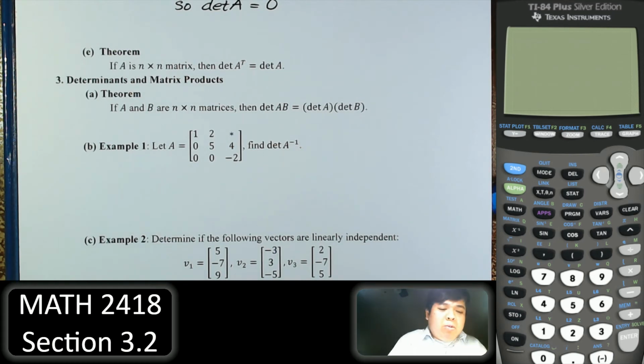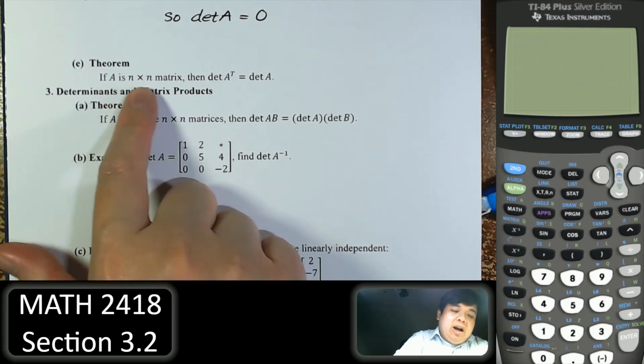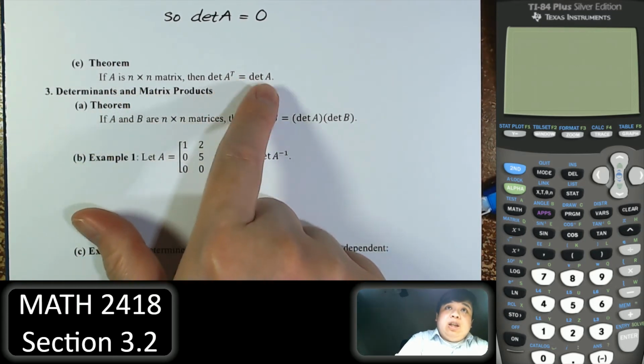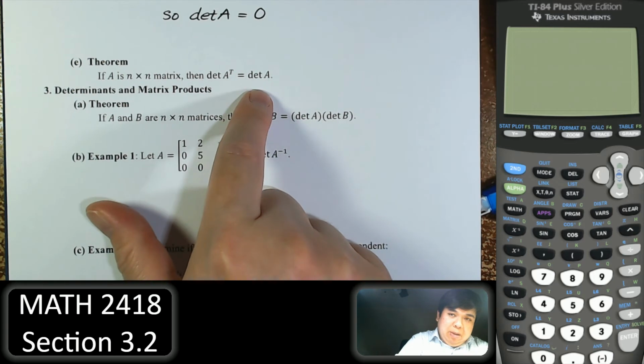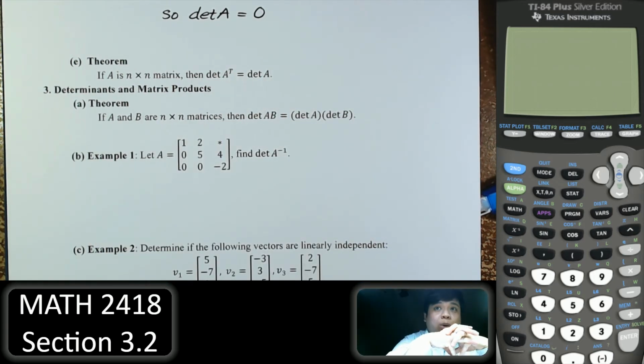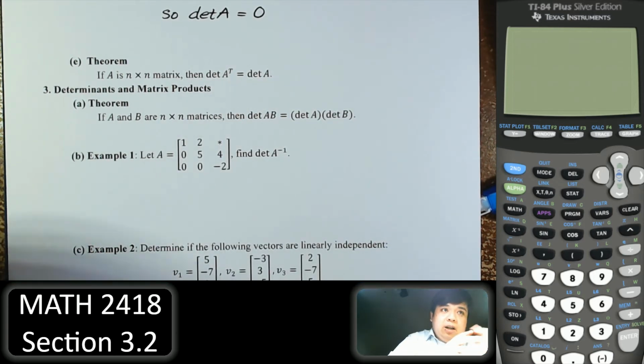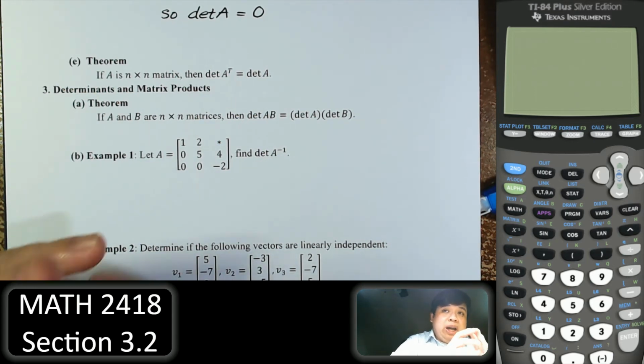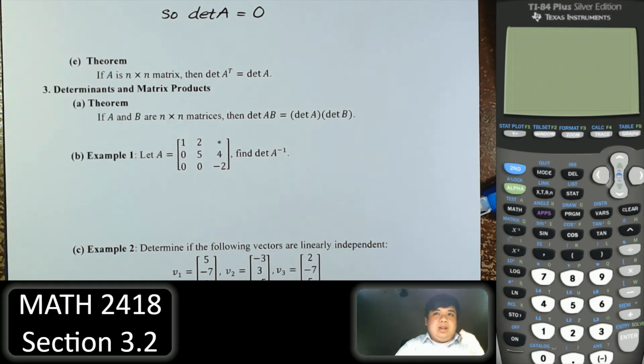And one thing you probably expect already, because of the properties, like I said, the 12 properties we have earlier, determinant of a matrix transpose is equal to determinant of the matrix. That's why when we evaluate the determinant, we can use cofactor expansion along any row or any column, because we can transpose them and rows become columns.